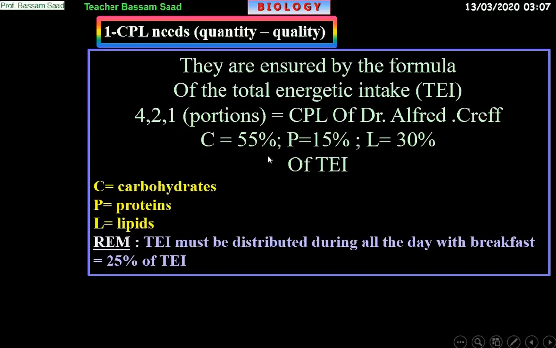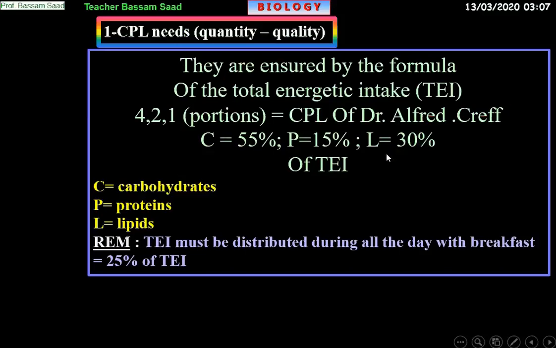In other words, suppose an example. If the total energetic intake, meaning the total amount of energy needed, consumed and spent by a given individual, is 100 kilocalories, then 55 kilocalories must be in the form of carbohydrates, 15 kilocalories in the form of proteins, and 30 kilocalories in the form of lipids.